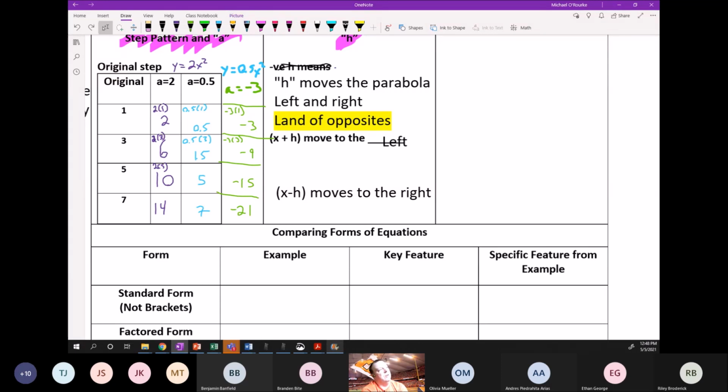So logic tells you, I want you to think right now what that last letter is going to do. So we dealt with A, and the A value makes it wider or thinner. We dealt with H, which moves it left and right. Can anyone make a guess what that last letter is going to do? What's that K value going to probably shift?